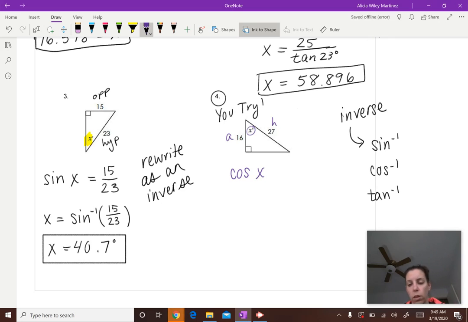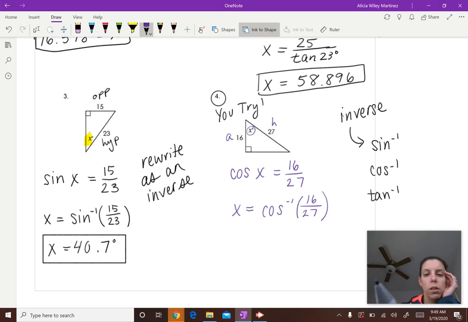So cosine it is. I'm going to do cosine of our angle, which is x. I don't know it, so I just make it x. And then it's going to be equal to the adjacent side, which is 16, over the hypotenuse, which is 27. Then I notice that I am missing an angle, so I have x equals, and that turns it into inverse cosine of 16 over 27.